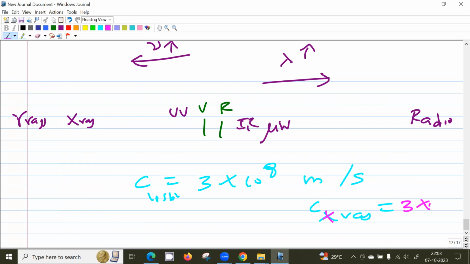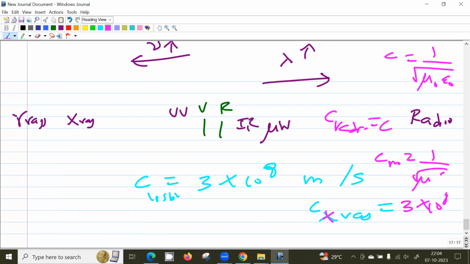It is the same. Even the velocity of radio waves is the same C. Any electromagnetic wave has the same speed, 3 into 10^8, but the velocity will change with respect to the medium. This C is in vacuum, which is 1 by square root of mu naught epsilon naught. If the medium has different mu and epsilon, then the speed in the medium will be 1 by square root of mu epsilon. Is it clear? C does not depend on whether it's X-ray or infrared. It is the same for everything. Any electromagnetic wave will have the same C.